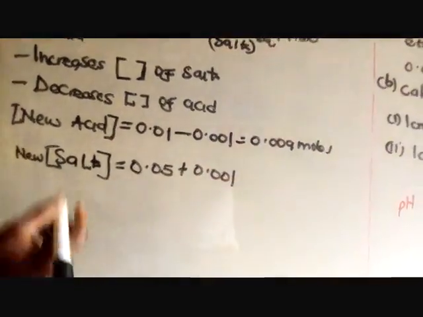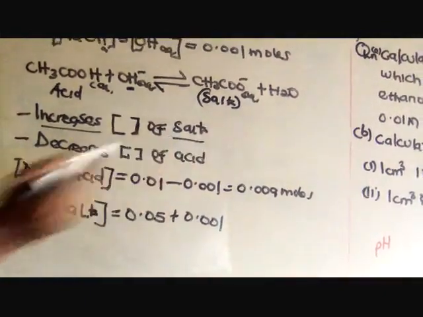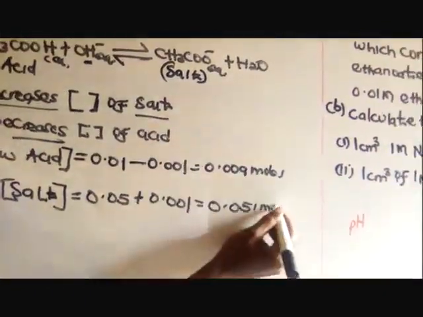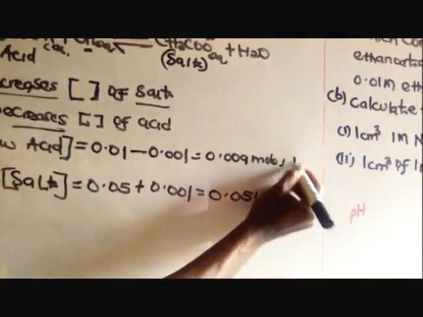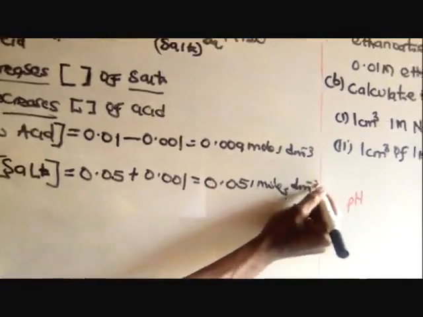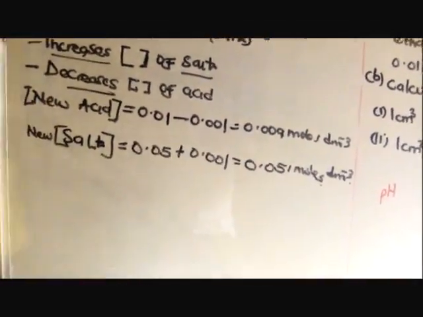Why are we adding? We are saying addition of hydroxyl ions increases the salt concentration. Then we have minus here because we are seeing a decrease there. 0.001 moles. These moles are in a liter. Now don't forget, moles per decimeter cubed. Even these ones are per decimeter cubed.